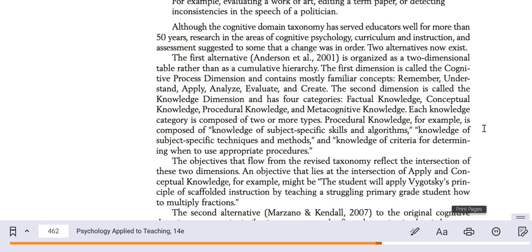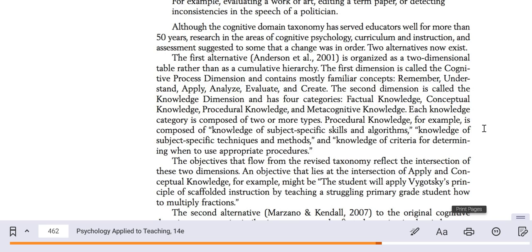The first dimension is called the cognitive process dimension and contains mostly familiar concepts: remember, understand, apply, analyze, evaluate, and create. The second dimension is called the knowledge dimension and has 4 categories: factual knowledge, conceptual knowledge, procedural knowledge, and metacognitive knowledge. Each knowledge category is composed of 2 or more types.